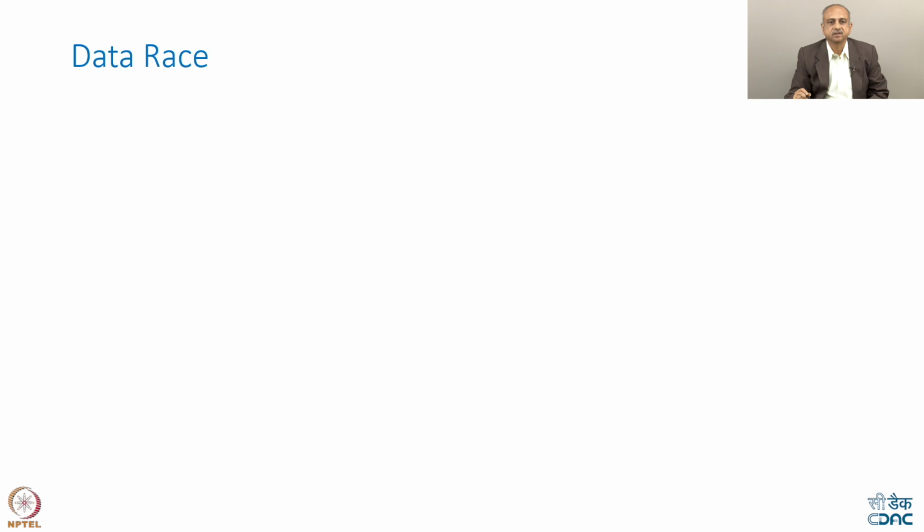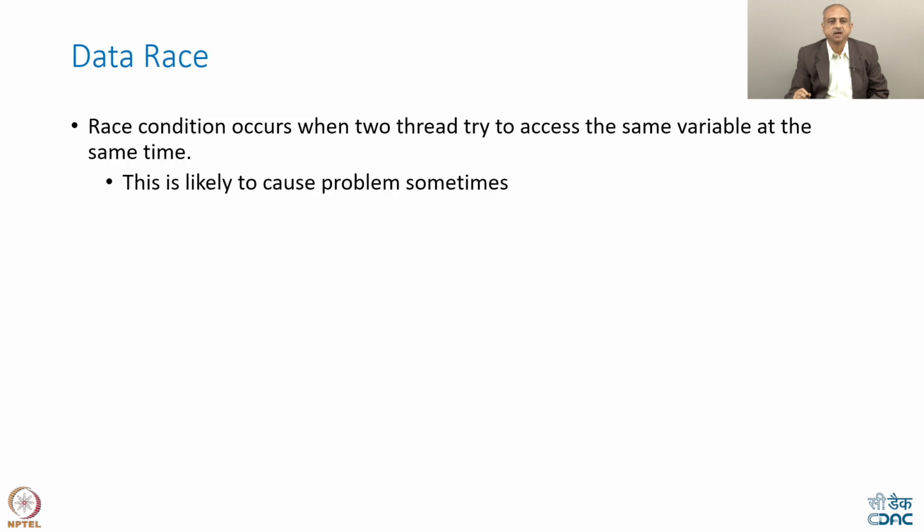Taking this forward, let us see what are the issues that can happen when such a system is implemented. The first thing to look at is data races and how they are mitigated using synchronization. Let us first look at what a data race is. A race condition occurs when two threads are running and they try to access the same variable at the same time.